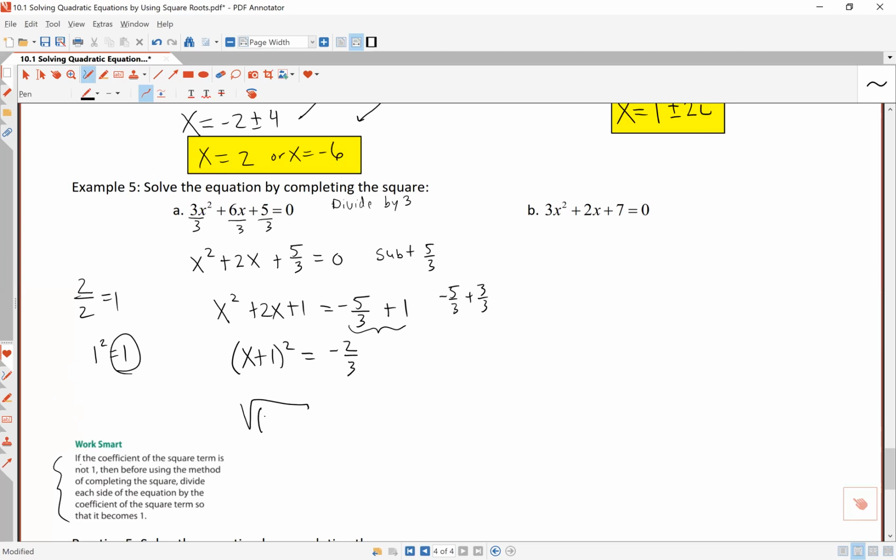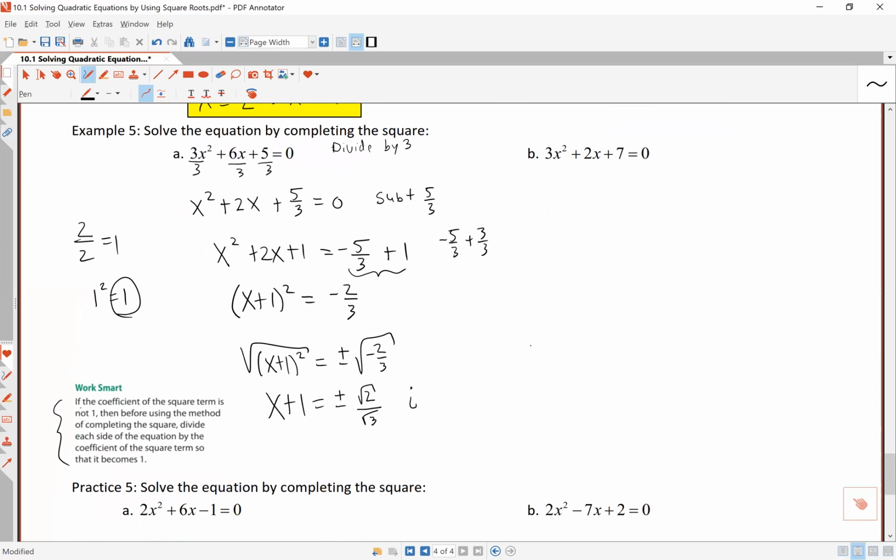The square root of x plus 1 squared equals plus or minus the square root of negative 2/3. The left side is x plus 1. The right side is plus or minus square root of 2 over square root of 3i.